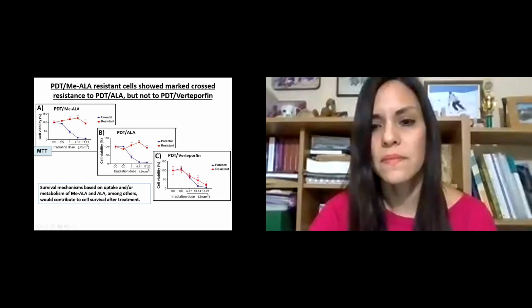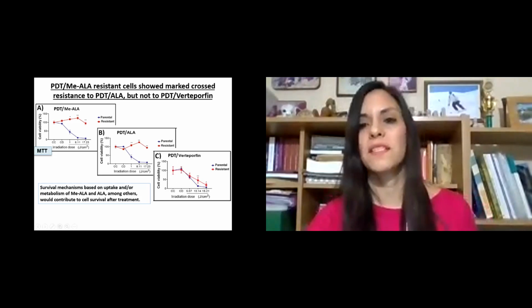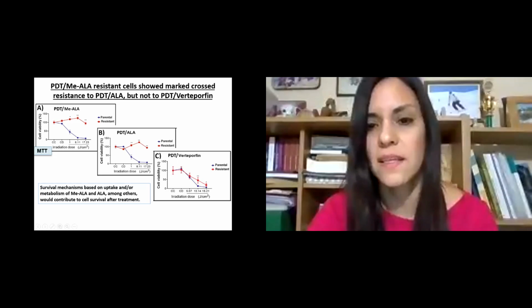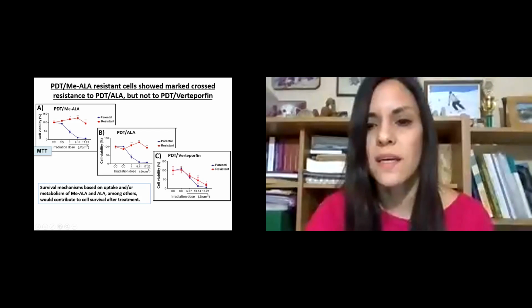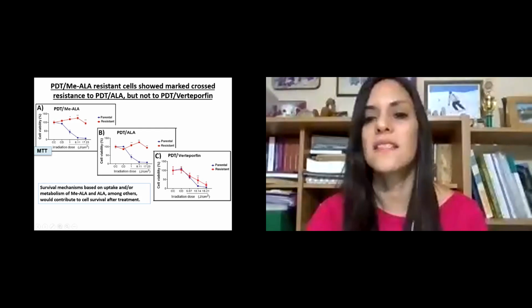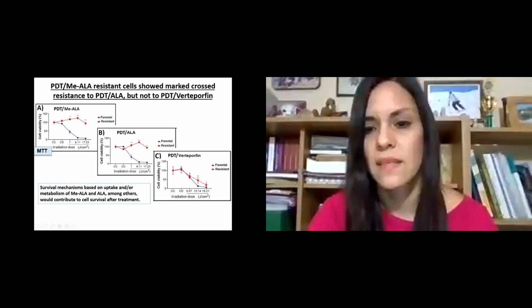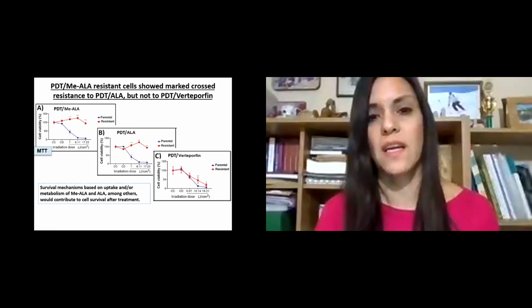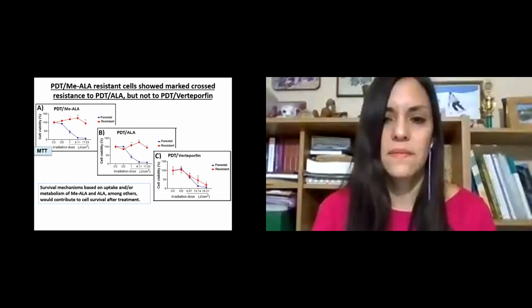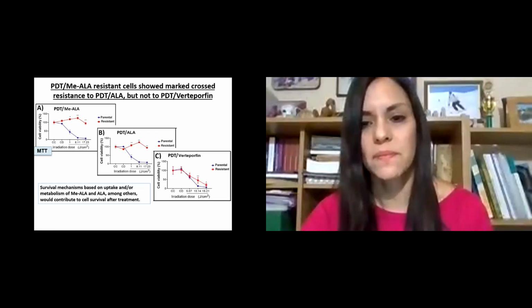But when cells resistant to PDT with methyl ALA, in red, were treated with PDT with a drug called verteporfin, they were relatively sensitive to PDT, suggesting that a combination of different drugs will increase the results of the treatment.